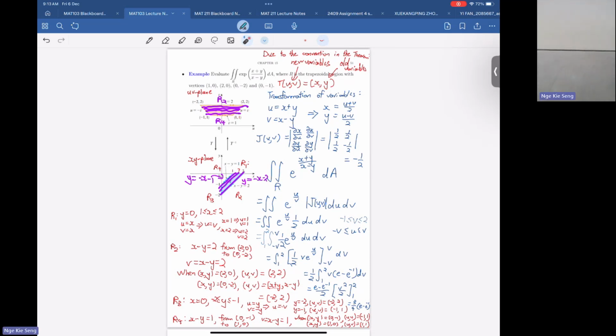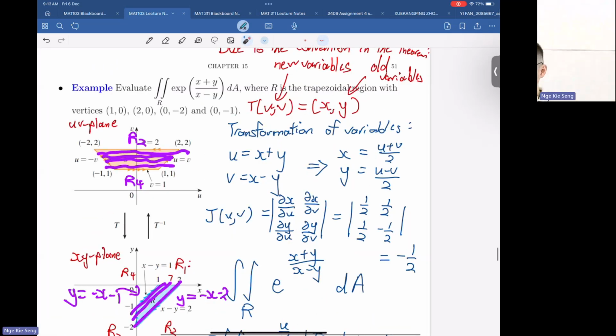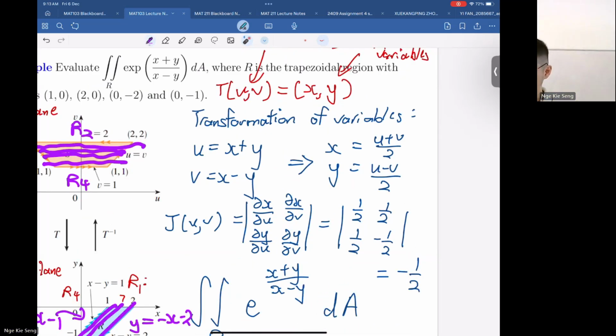Obviously, when you do this transformation, it needs to be one-to-one. But in this course, usually it is. Do you know how to check one-to-one? Can you write this T into a matrix form?